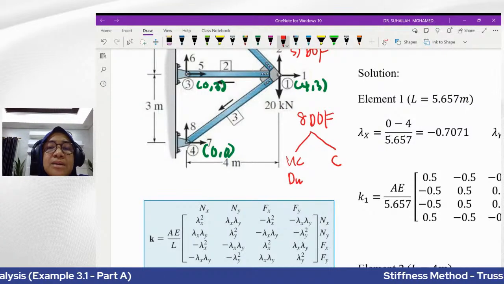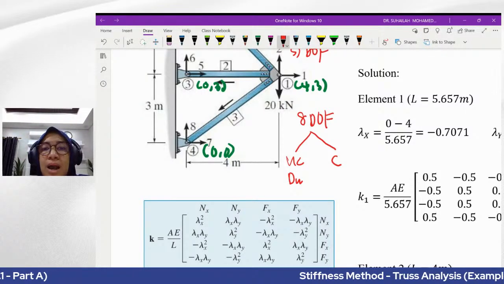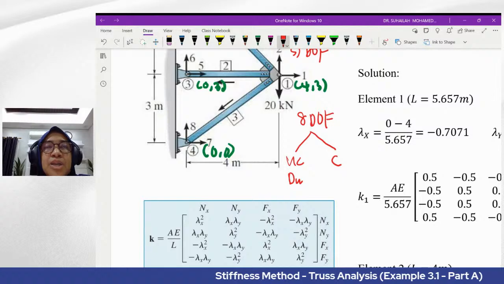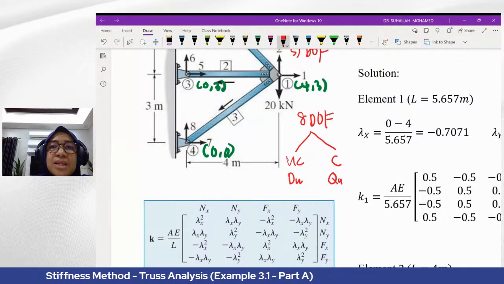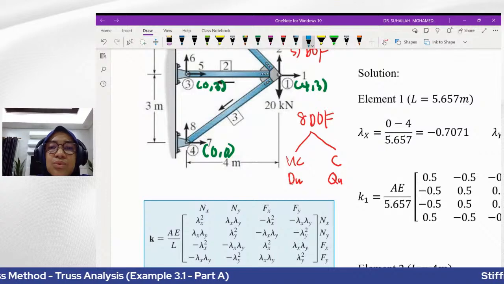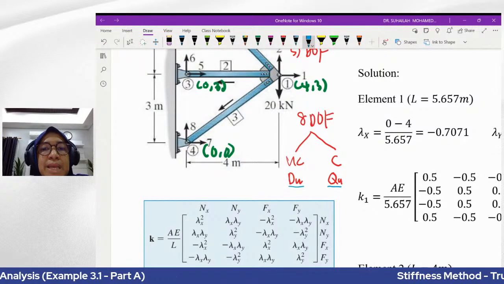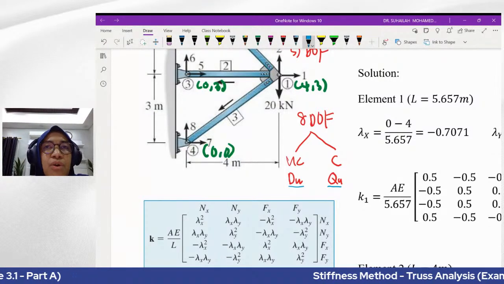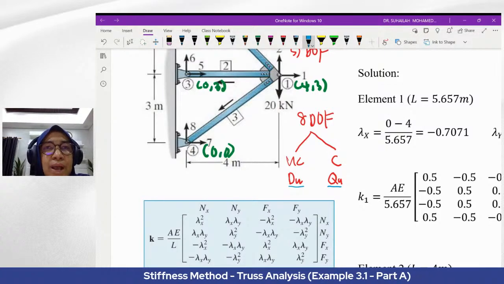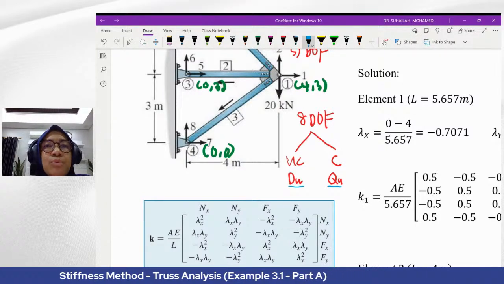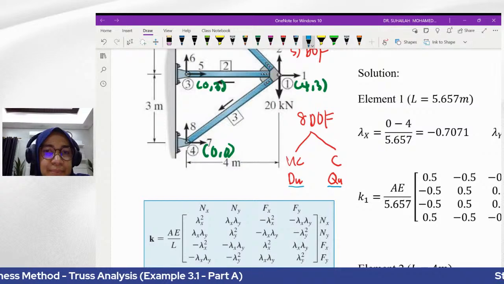And under the constrained system, there are Qu, unknown reactions. Du and Qu will be the output for the stiffness method analysis.